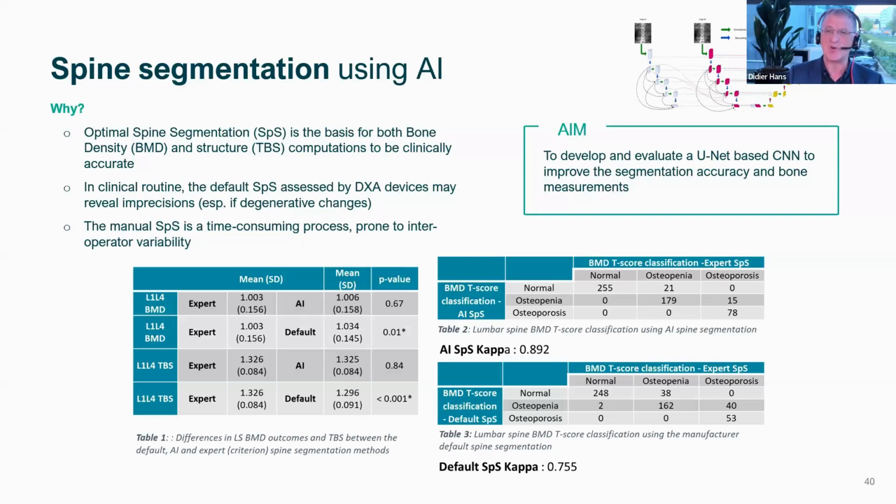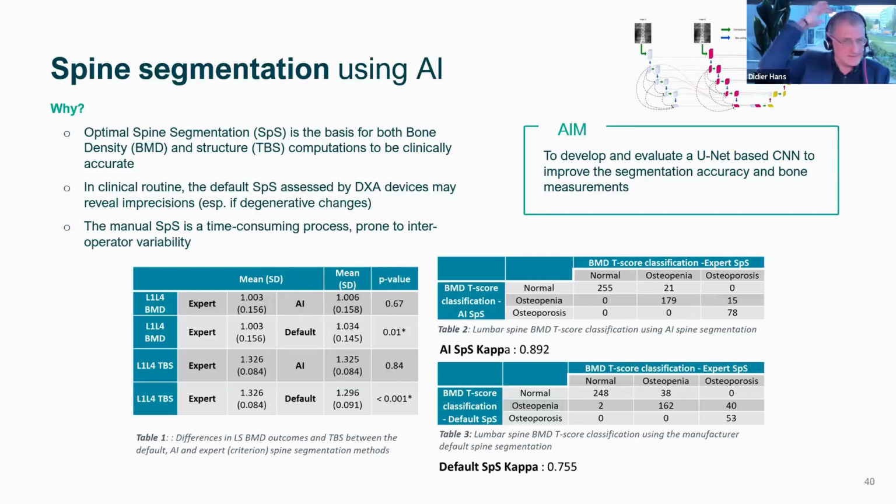We can also see the impact on the kappa, which is a percentage agreement, between the spine by expert and by AI: it exceeds 90%, while with the default, it is less than 75%.